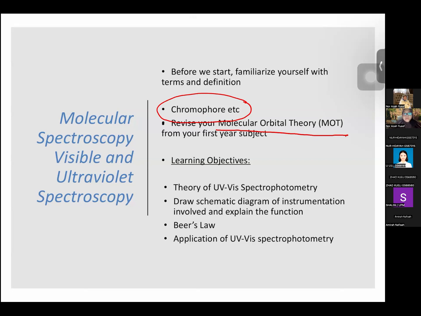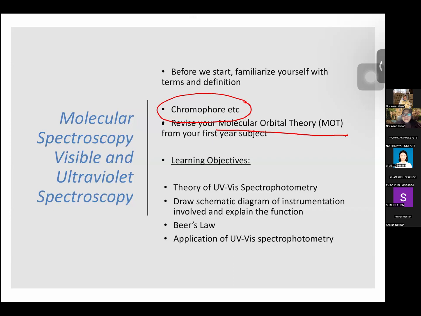In discussion of UV and UV-Vis spectroscopy, we are using molecular orbital theory, like antibonding, bonding, and non-bonding orbitals. I'm not going to repeat what each one is, I'm just going to use the terms for the sake of discussion, but you have to find out.